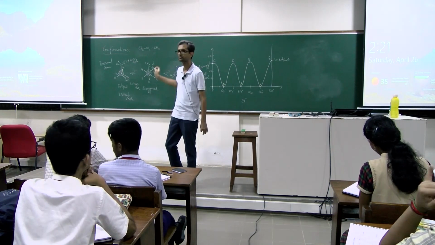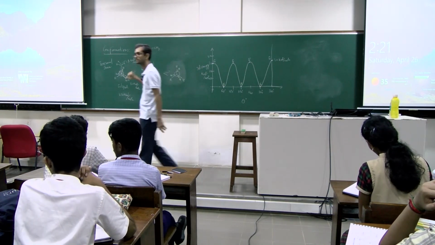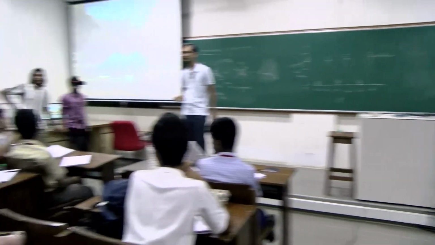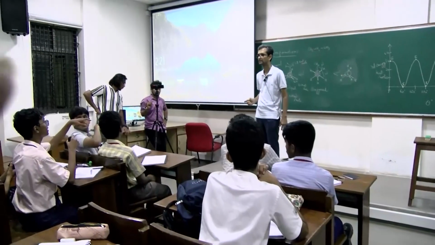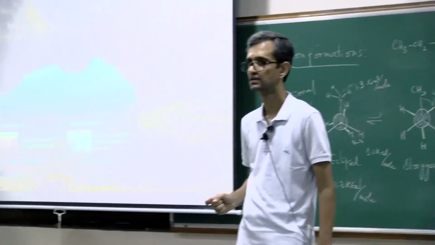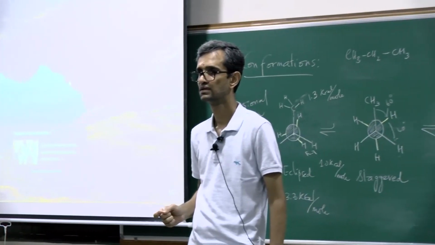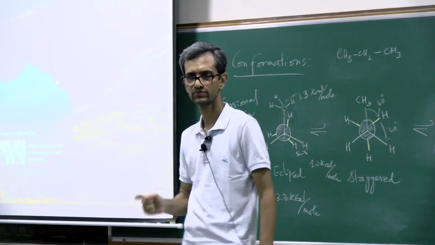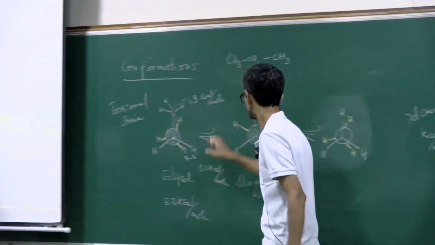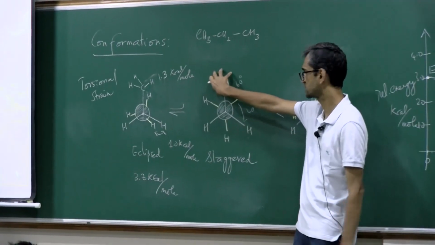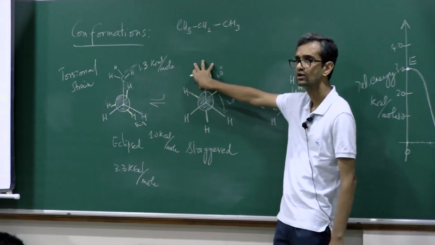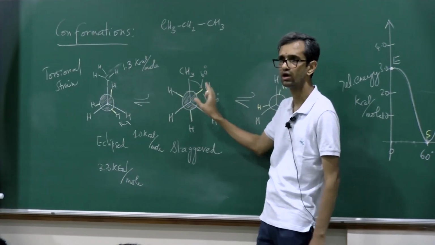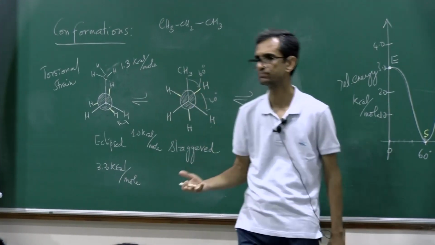We don't set that as 0. We will come to the butane stage, you will understand. His question is, if you change the methyl to tertiary, would the staggered form acquire some energy?